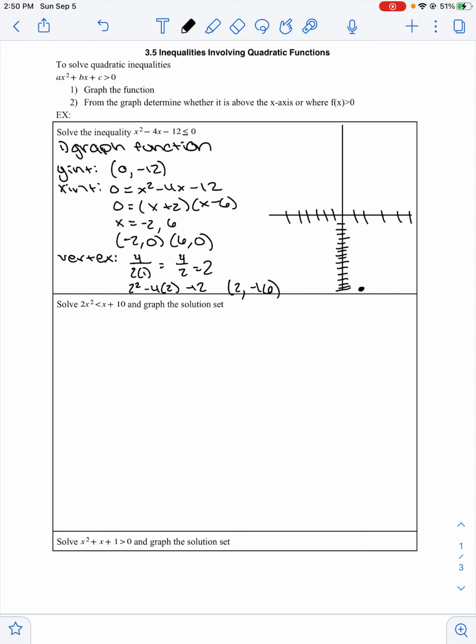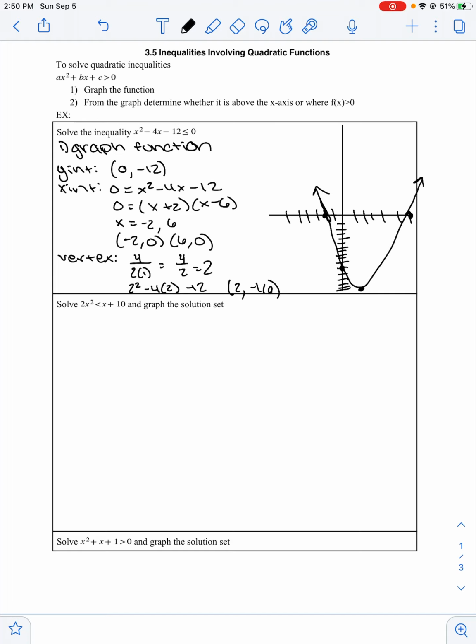And then 6, 0, so 1, 2, 3, 4, 5, 6. And then -2, 0. And then our y-intercept of -12, and 16, 15, 14, 13, 12. And now just connect our points.